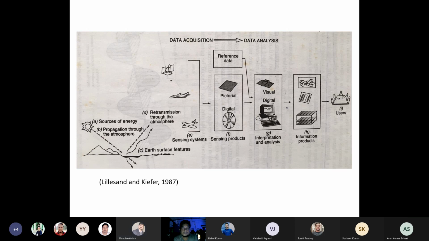Fine. So step F is the sensing products. What do we get? We get the images, and each XY location indicates a location on the ground surface.